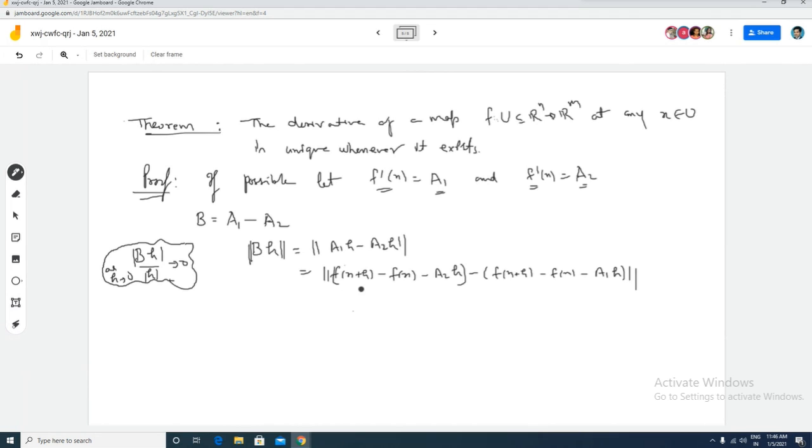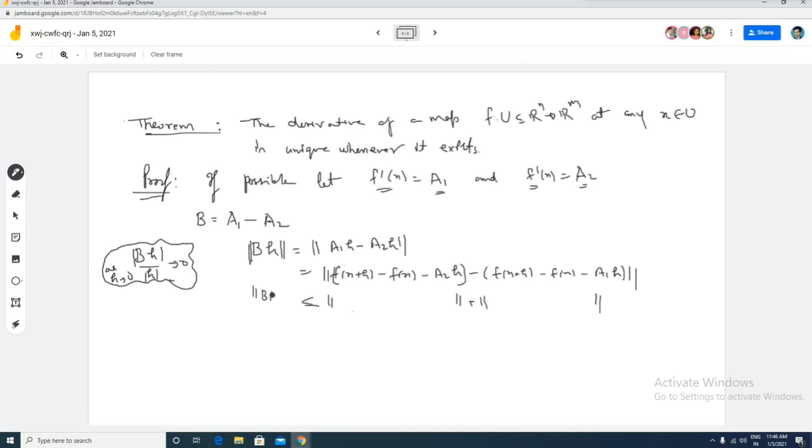Okay, so before dividing, I will apply this triangular inequality. So this will be less than or equal to the norm of the first thing plus the norm of the second thing.